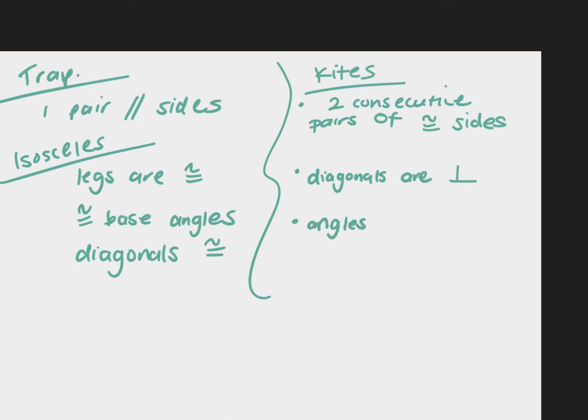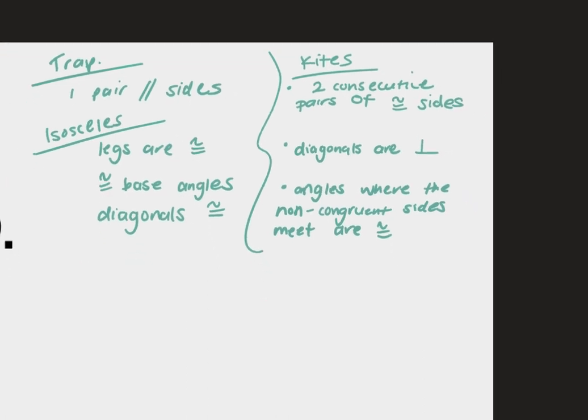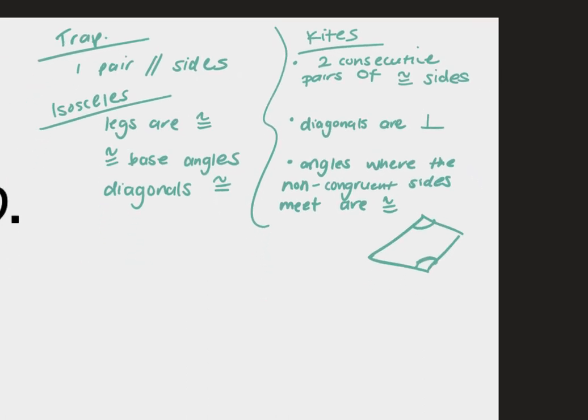Good. So the angles where the non-congruent sides meet are congruent. So if we have this, these two would be congruent, okay?